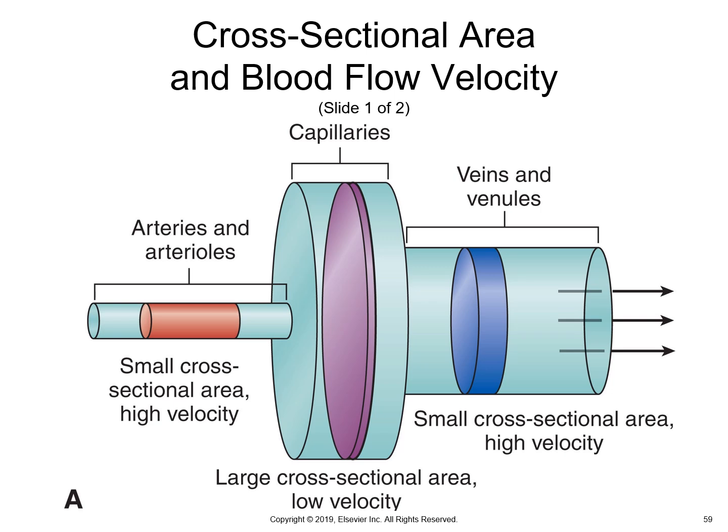So the large total cross section area causes the blood to slow down, giving more time for that oxygen and nutrients to move into our tissues. This is why I can better understand what this picture is trying to show us.